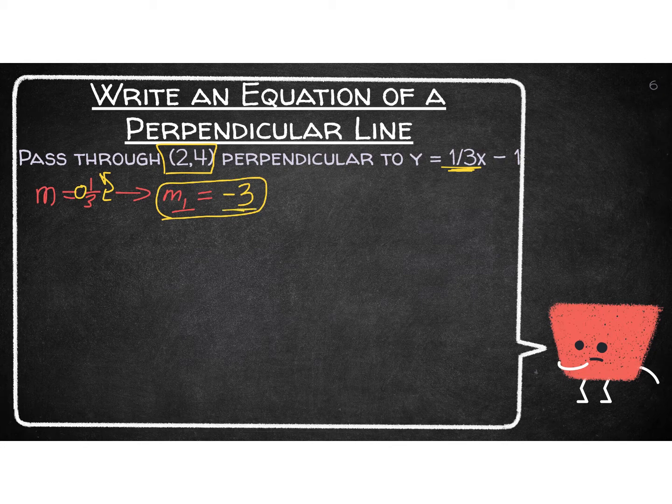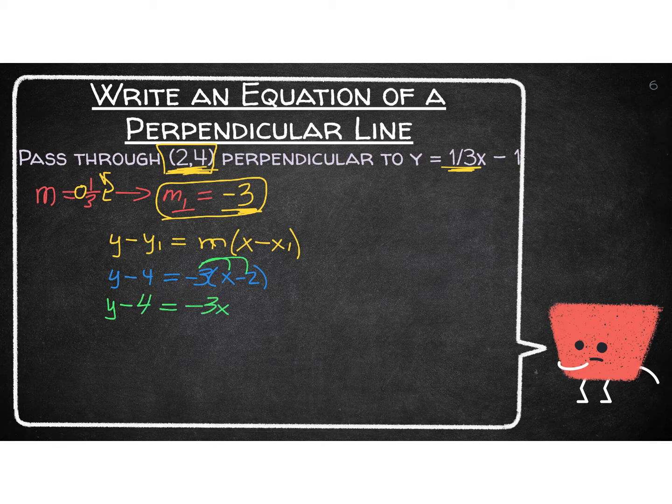So now I'm going to use that slope and that point right there and use y minus y1 equals m, x minus x1. And then I'm going to very carefully put my numbers in where they belong. y minus 4 equals negative 3 times x minus 2. Then solve for the y. So distribute.